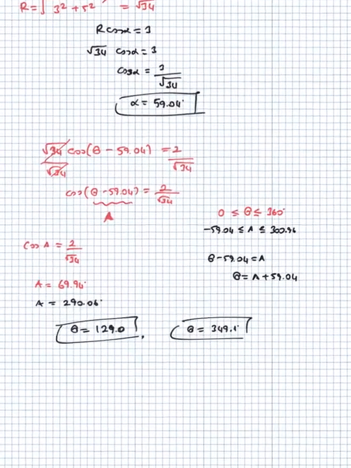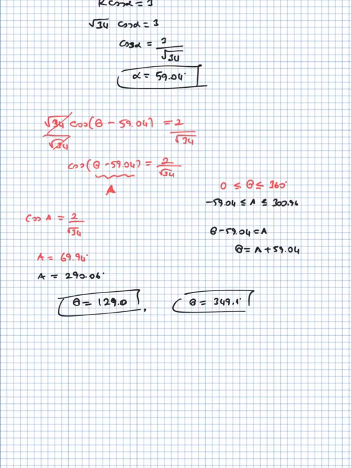So the only difference we will have is that here we will be seeking cosine (theta plus 59.04) is equal to 2 divided by root 34, the same as part B.